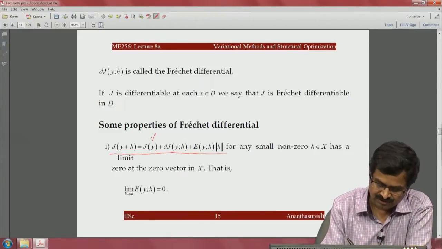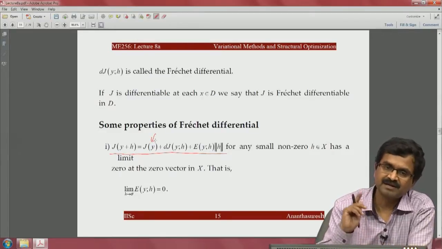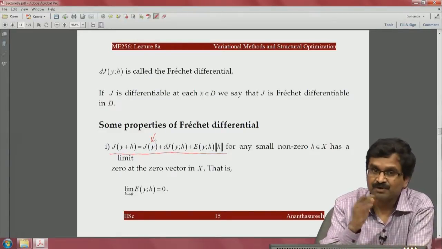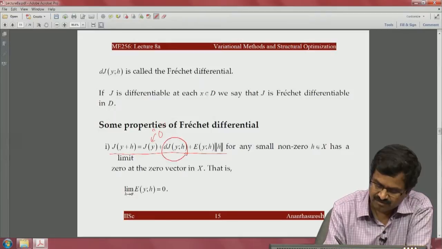This has some interesting properties. J(y+h) is a 0th order term: I have a y and I am adding another function h, so there is a perturbation in the functional value J. Then we have this, which is the first order term, and then the higher order or error term.